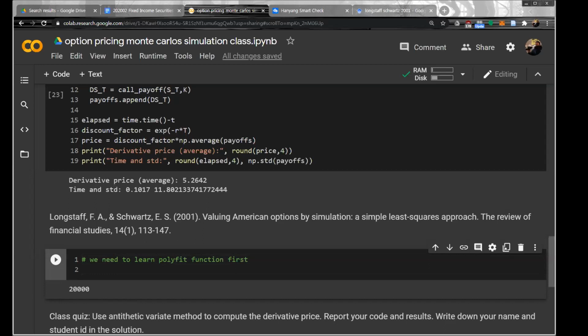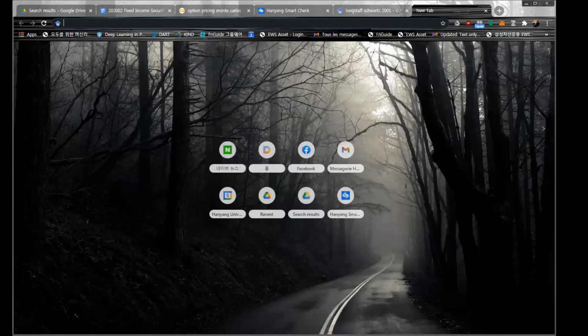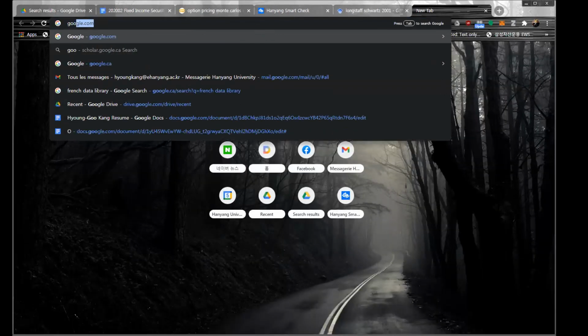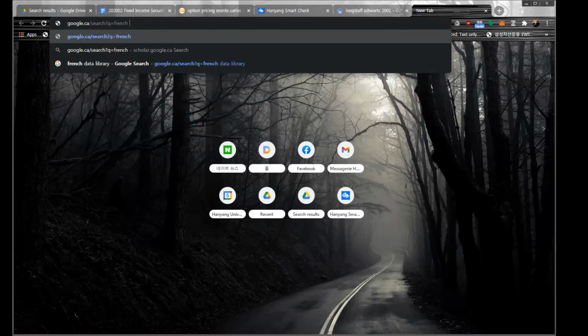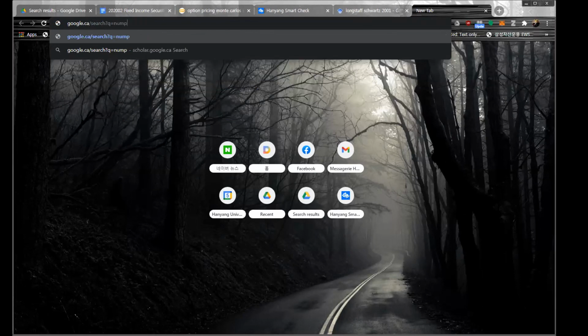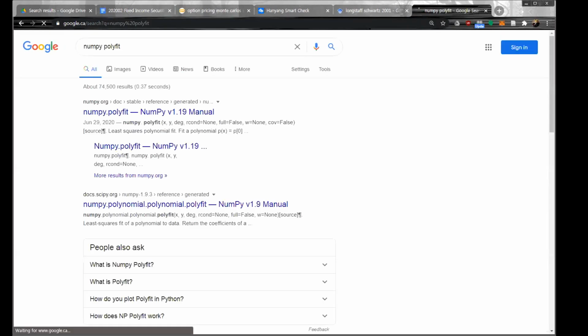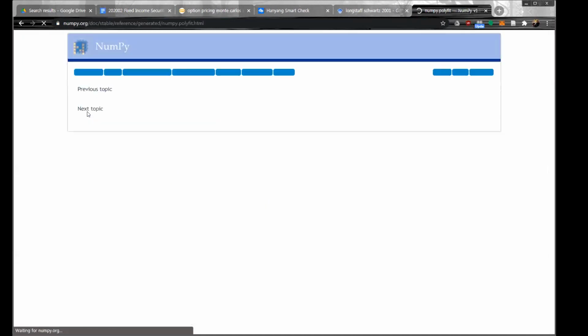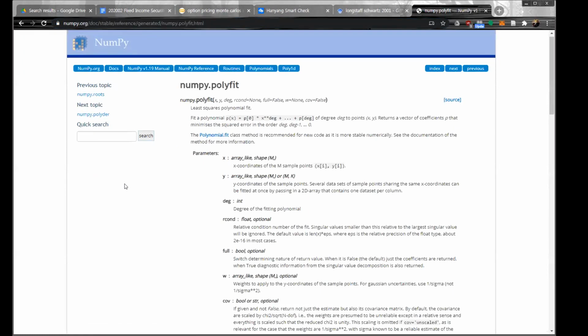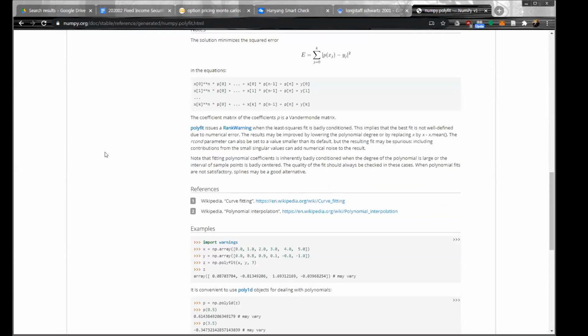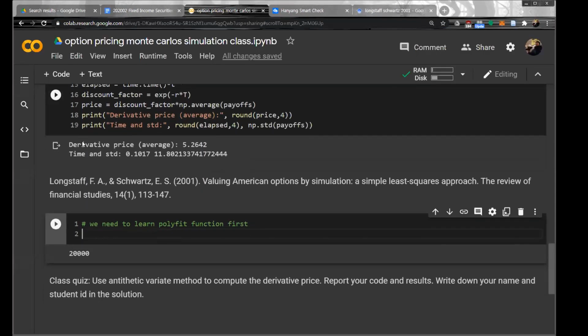So, the NumPy polyfit function. There is a manual over here, and there are, of course, examples here. I'll put the link over here.